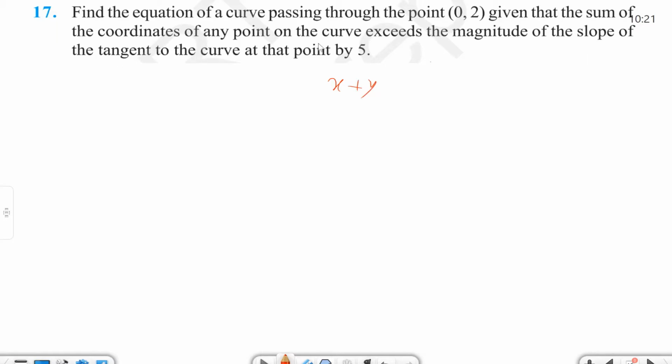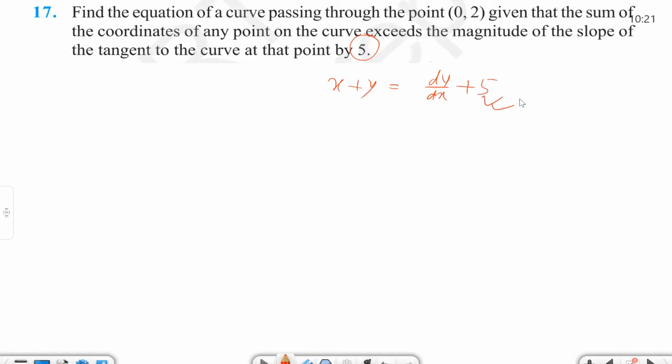So read carefully: the sum of coordinates at any point of the curve exceeds the magnitude of the slope of the tangent, that is dy dx, by 5, so dy dx plus 5.